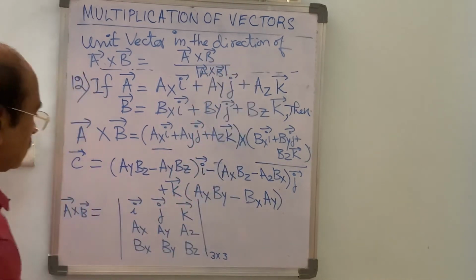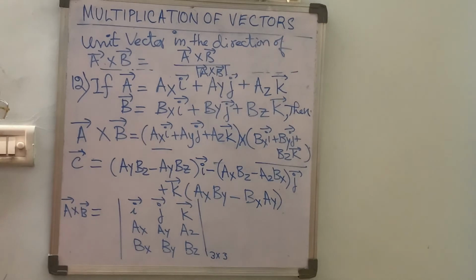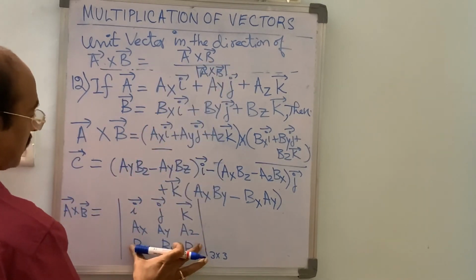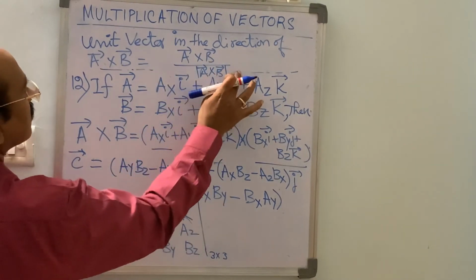Here the a bar cross b bar value is the determinant value of this matrix.